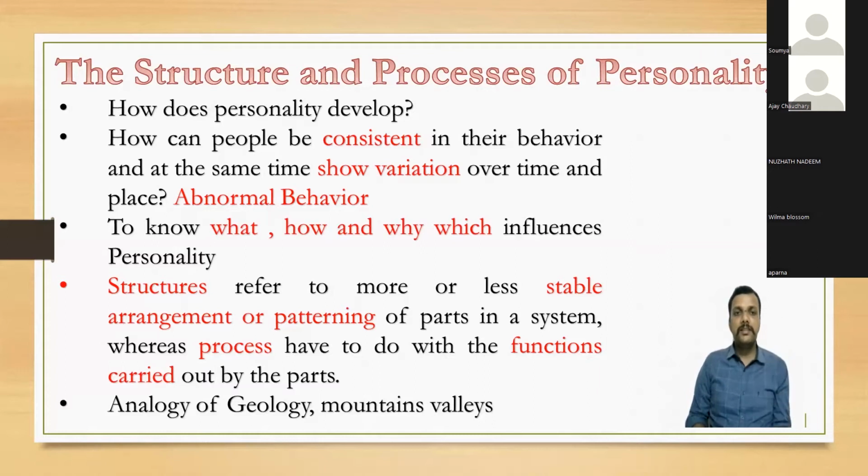So how personality is developing, how the structure and the process of personality is forming, this is what we are about to discuss in this complete book. Not only in this unit or this block, we are discussing completely how a personality is formed in this complete subject. So how can people be consistent in their behavior, and also how does this change in time?